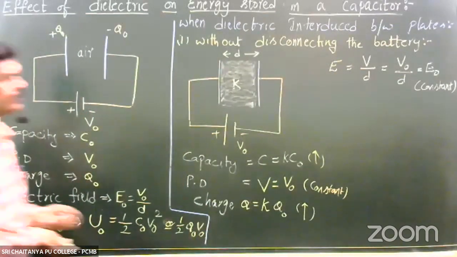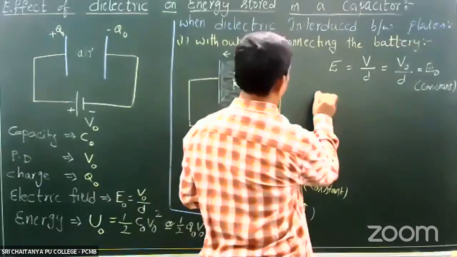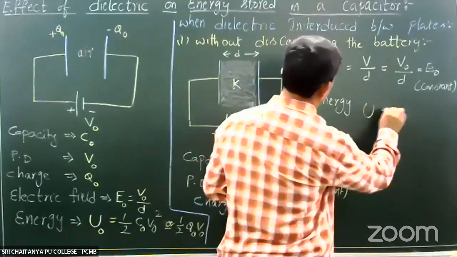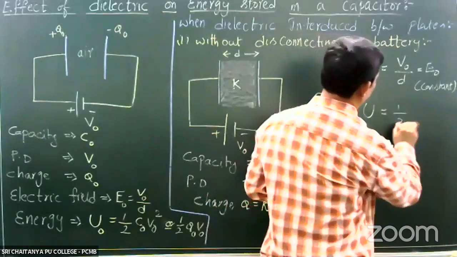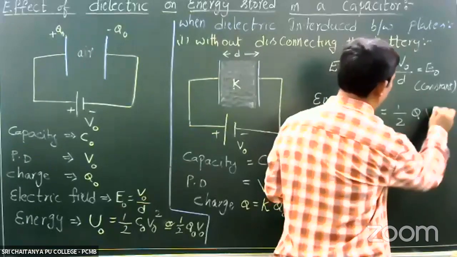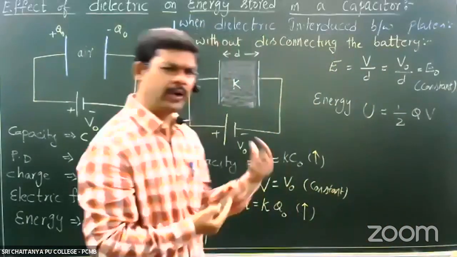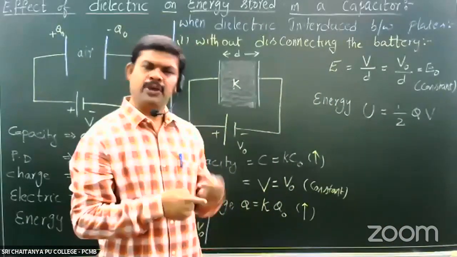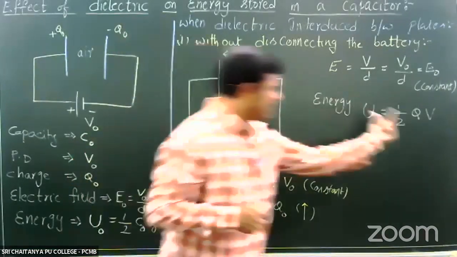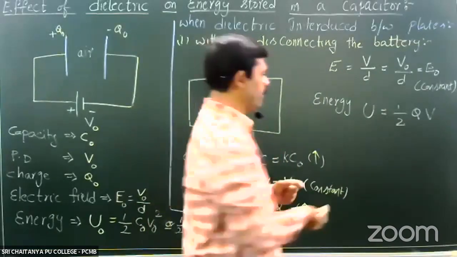Energy U. Any formula you can take. In this case, I am taking the half QV formula. You can do it with half CV square, Q square by 2C, or half QV. I am taking half QV.